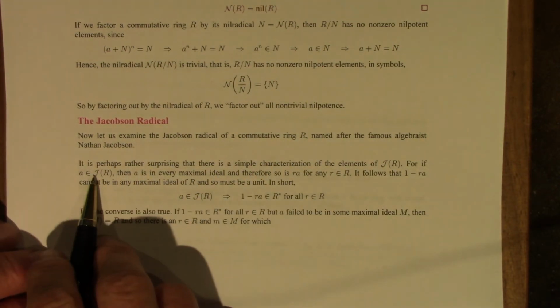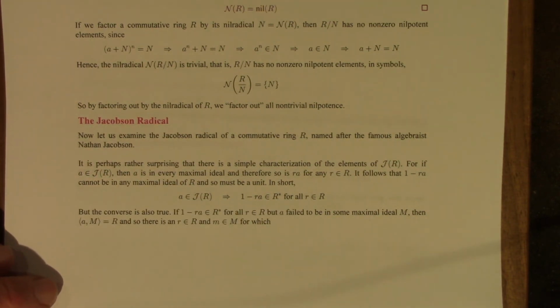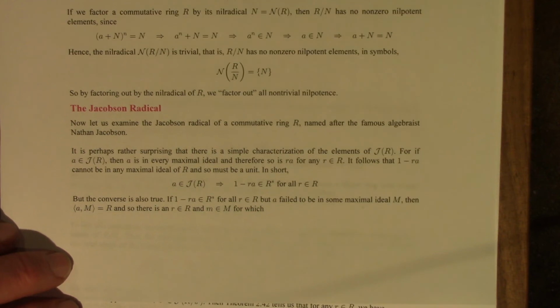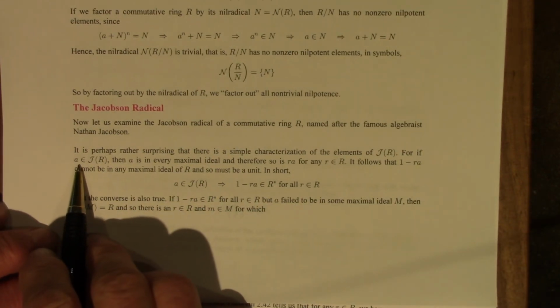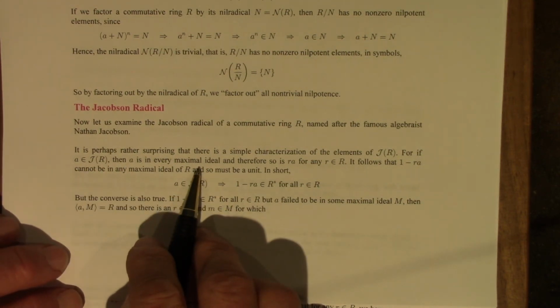Anyway, it is perhaps a surprise that there's a simple characterization of the elements of the Jacobson radical, because it's a rather complicated radical, actually. If A is in the Jacobson radical, then it's in every maximal ideal.